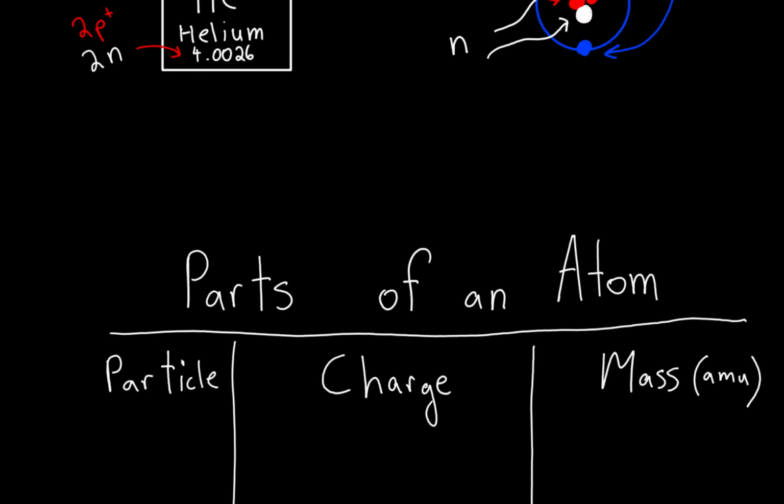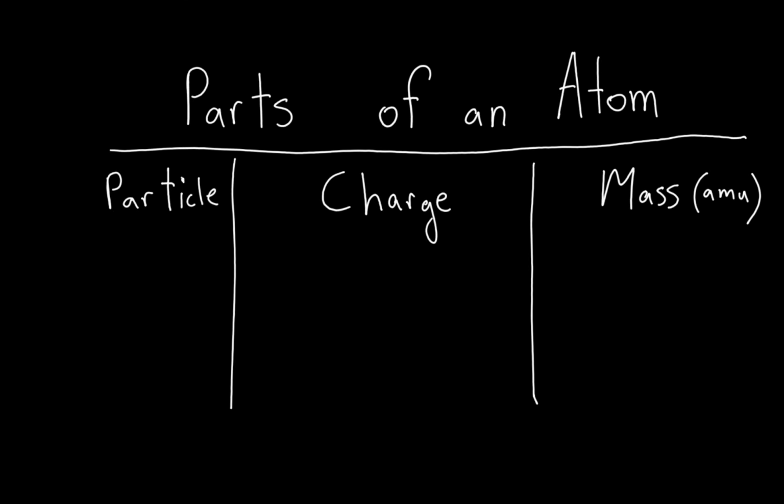So if we scroll down to the parts of an atom right here, let's write them again. So we have proton, it's also P positive. It has a plus charge, you could think of it as +1, and then it has a weight of 1 AMU.